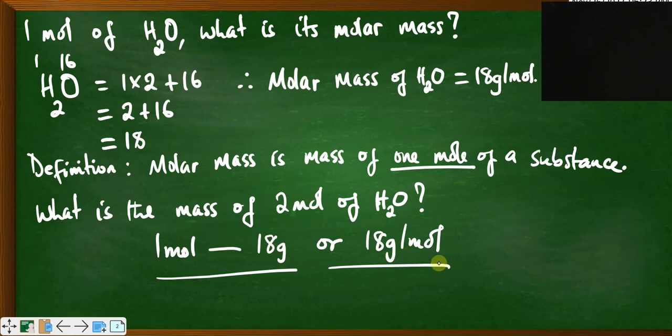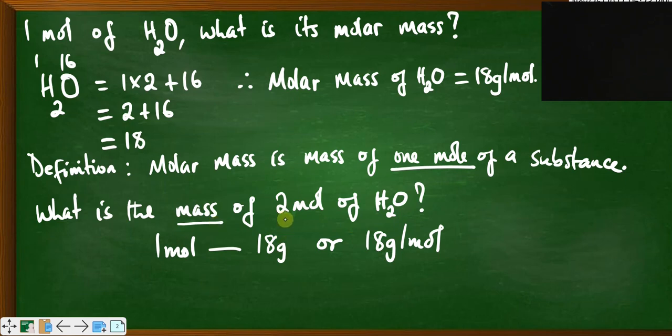Now the question we are dealing with here is a different one. It is saying, what is the mass of 2 moles of water? You see, they are asking for mass. Mass is in grams, so you can just connect a relationship.